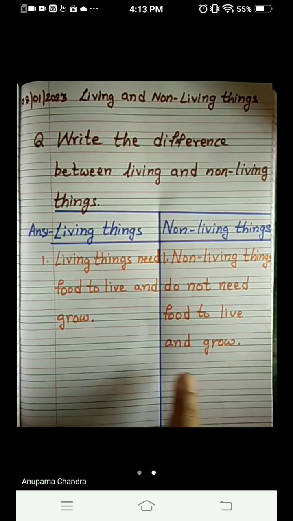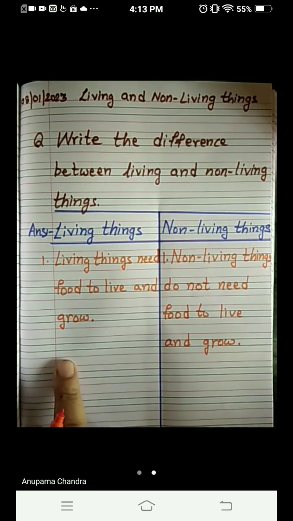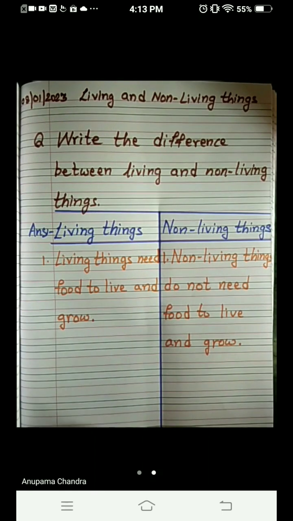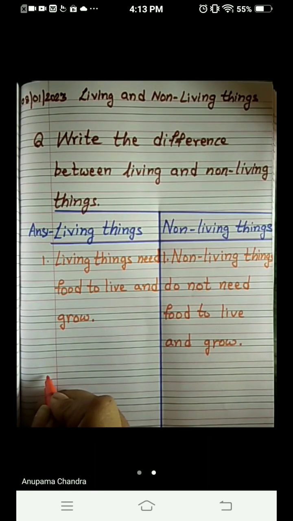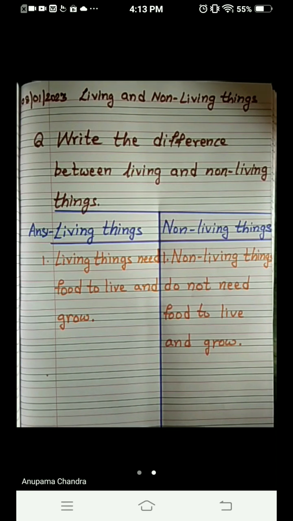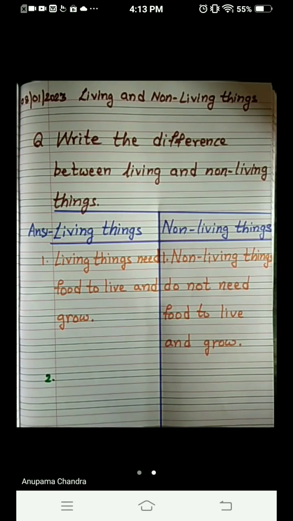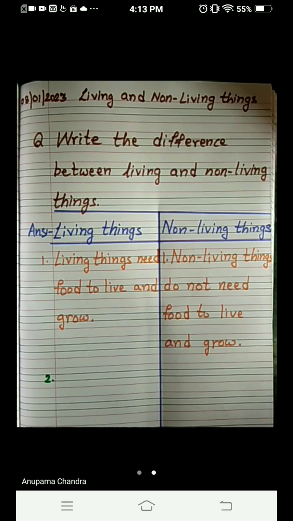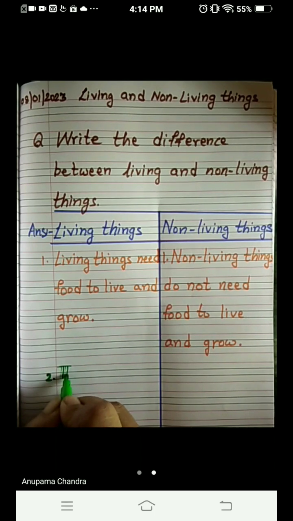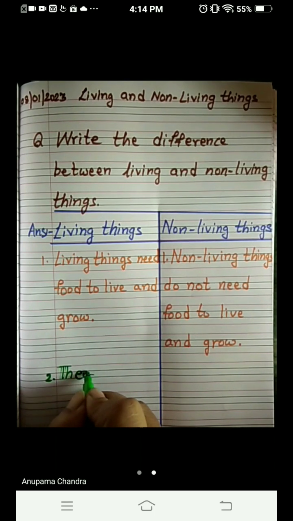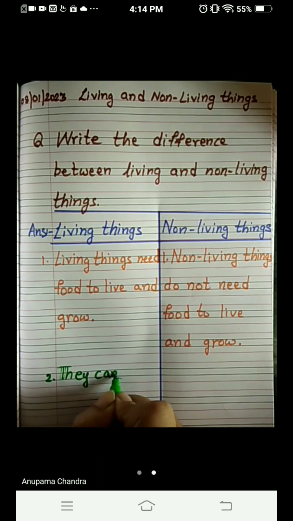Okay, and see, this line you have finished, so here one line will be empty to write the second line from here. On both the sides you have to start from the same line. So we write here number 2. About living things, they can breathe.